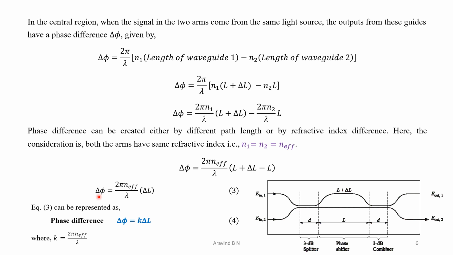Remaining is delta phi is equal to 2 pi N effective divided by lambda into delta L. In a simplified form, delta phi is equal to K into delta L, where the term K represents 2 pi N effective divided by lambda. This K value we are going to use further on, so keep track of it.